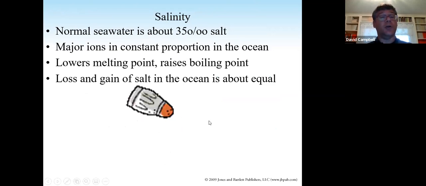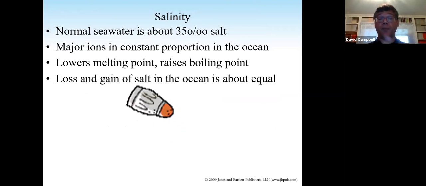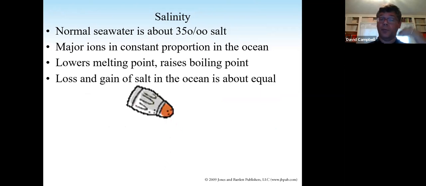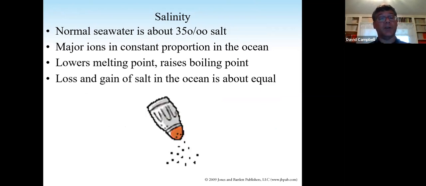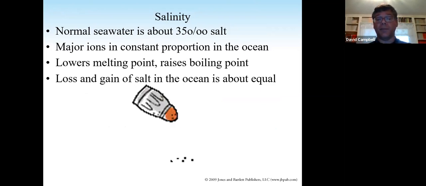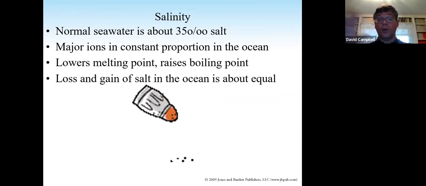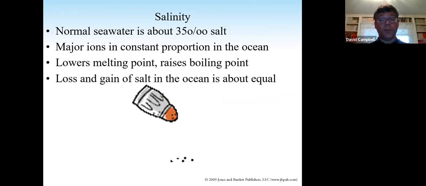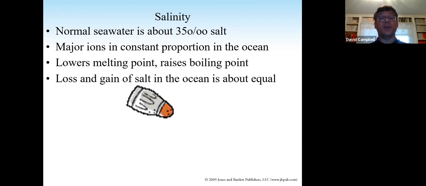Seawater, of course, also has salt, average about 35 parts per thousand. The major components are in constant proportion through the oceans. So the relative amount of things like the chloride, the sodium, magnesium, the sulfate, calcium, potassium, those stay consistent throughout the oceans. Now there may be a little more water, a little less water, but the major parts of the salt, the amounts compared to each other stay the same.